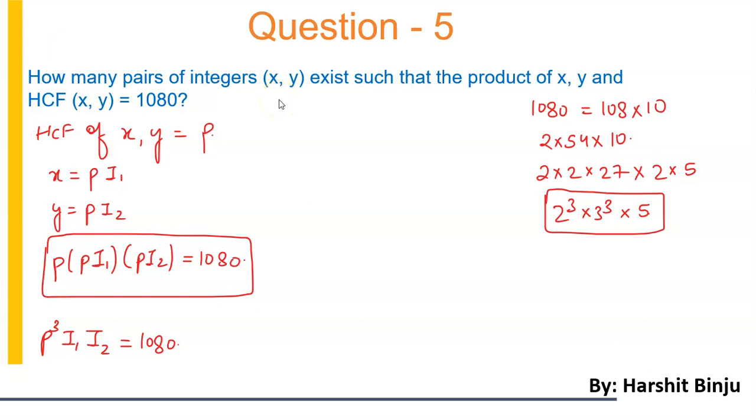Okay, so I can say that p cube I1 I2 is equal to 2 cube into 3 cube into 5.